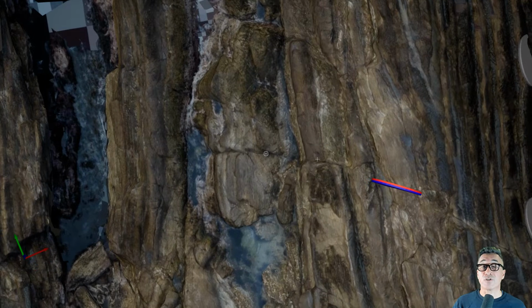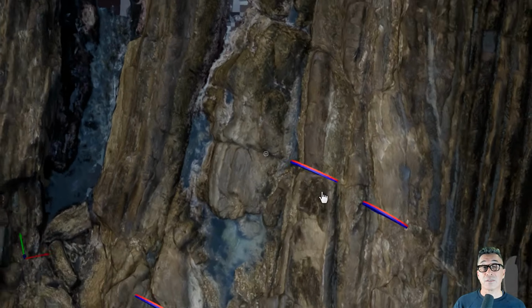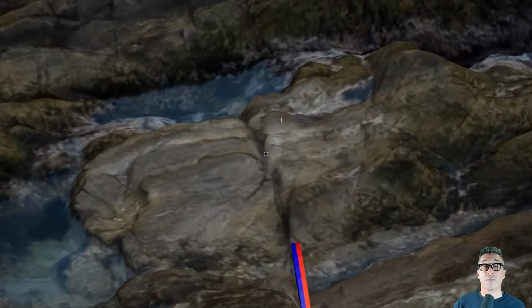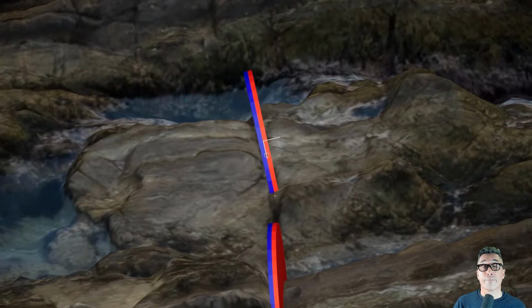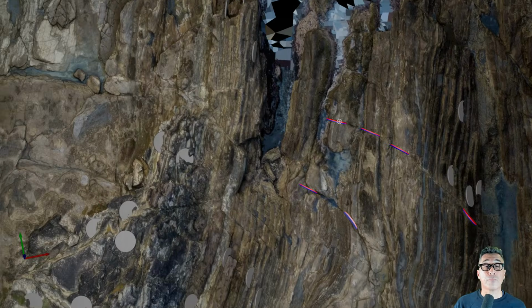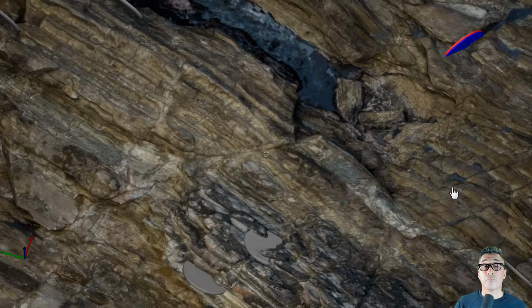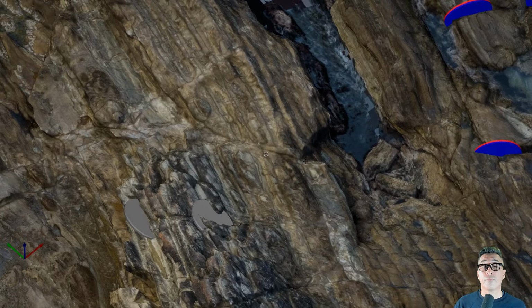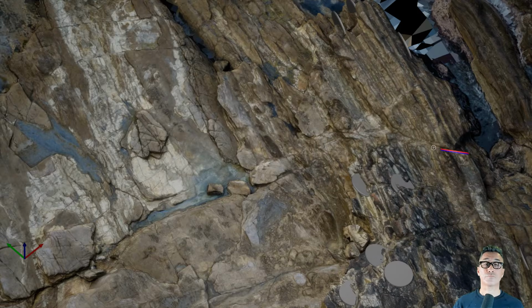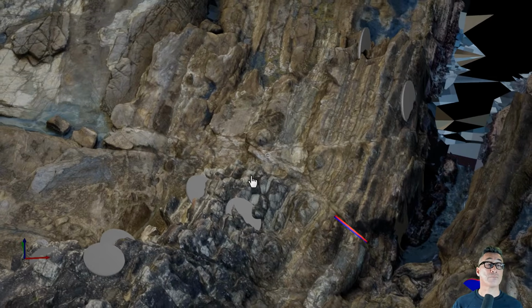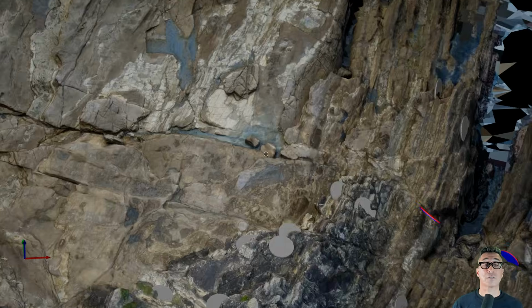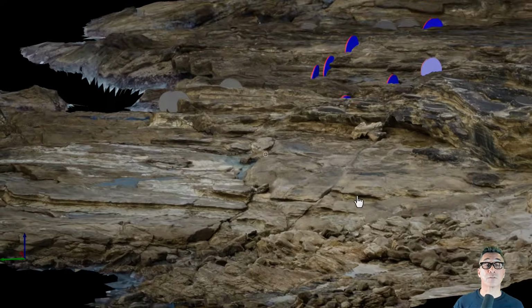That basically tells you the polarity. That's the positive side, the red. The negative side is in the blue. So in Leapfrog it is exactly the same. So I'll keep on digitizing these and get a set of measurements.